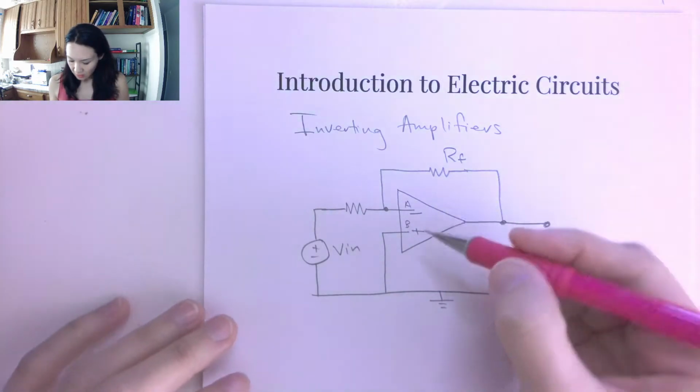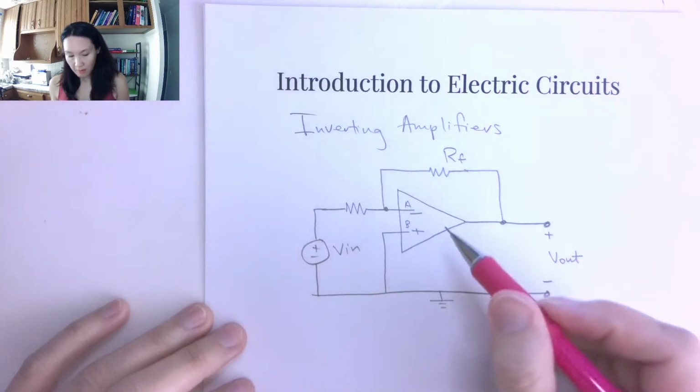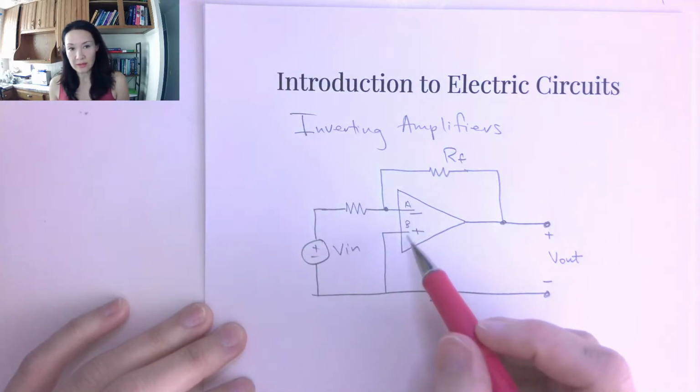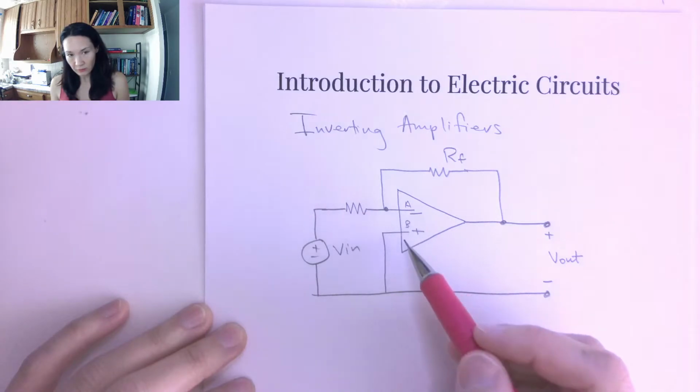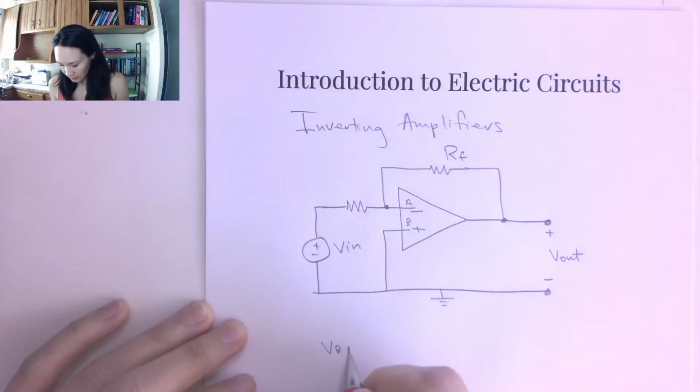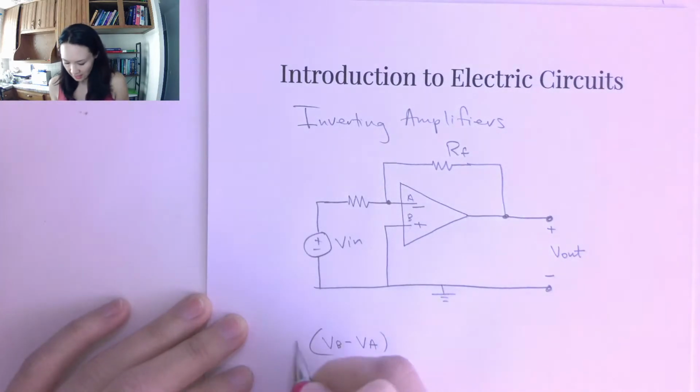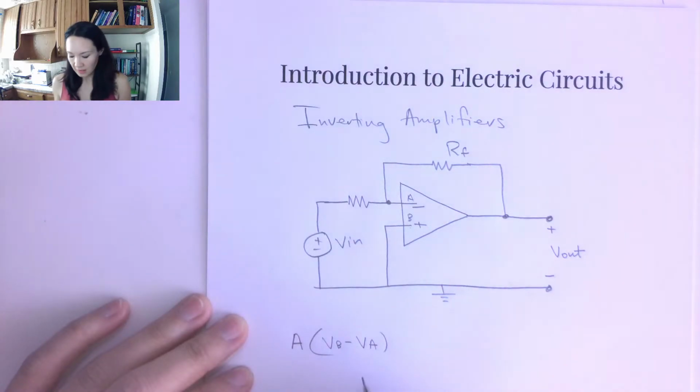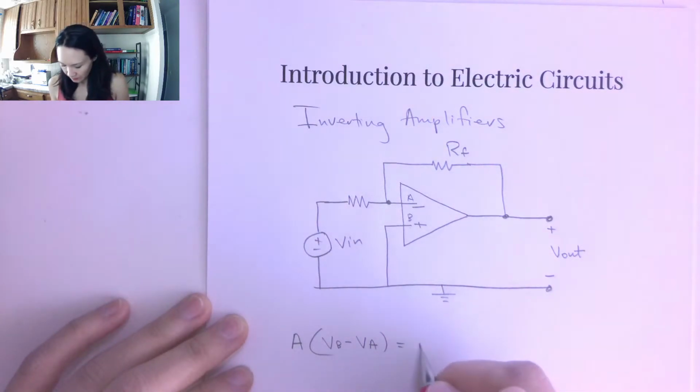Now, if you remember, the way the op-amp works is it amplifies the difference between A and B. So if there's a voltage difference, let's call this VB minus VA, this is the thing that's going to get multiplied, right? So amplified by a gain of A to give us our output V out.